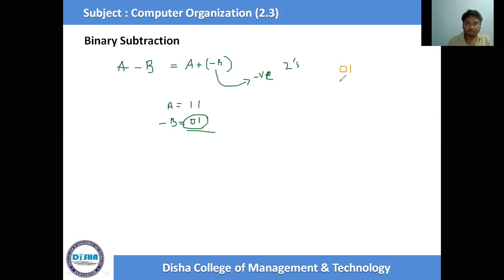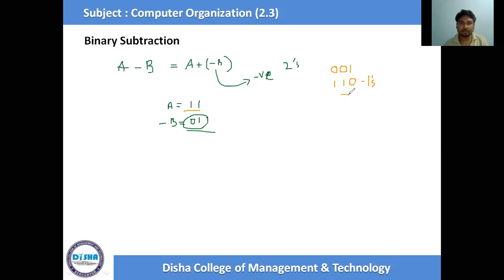If I put 0 here, then it is a positive value. So let's do it. 0 1 becomes 1 0 in 1's complement form, and we know that 1's complement is just flipping the bits.